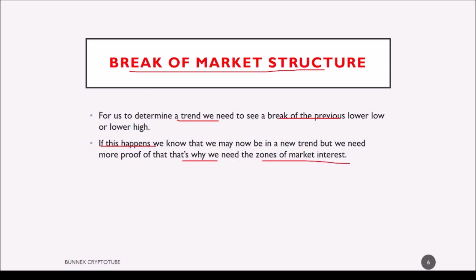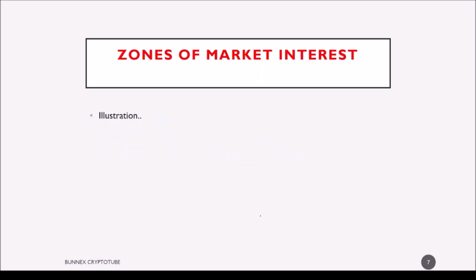That's why we need the next thing, which is the zones of market interest. So we need what we call the zones of market interest for us to actually participate in the market. So what are zones of market interest? These are the points where we expect to actually enter into the market, points of higher probability for us to participate within the market.